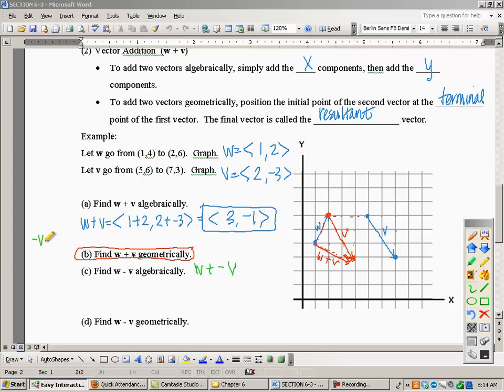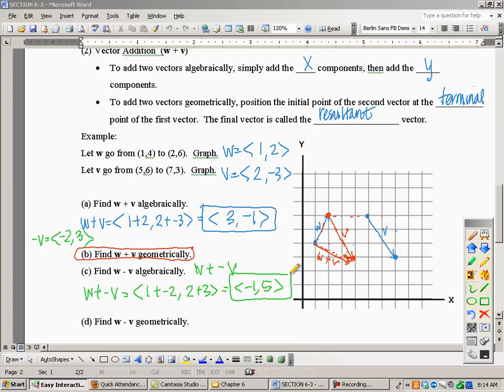So negative V is the vector, and I take the negative, so negative 2 and a positive 3. Okay, so I just want to keep that in mind. So W plus a negative V is 1 plus negative 2 and 2 plus 3. So 1 and negative 2 is negative 1, up 5 is what it's saying.